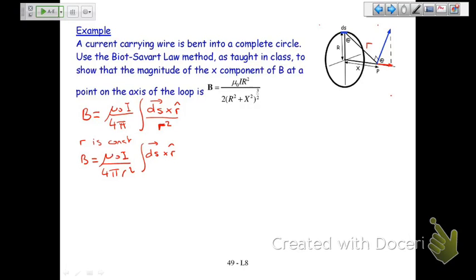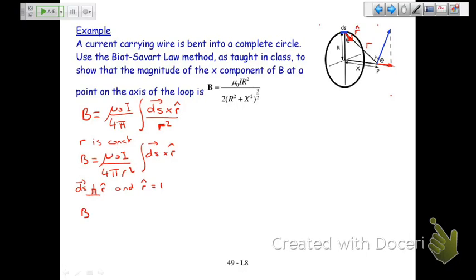And then I say, well, hold on, my ds is still perpendicular to r hat, isn't it? And r hat is still equal to 1, isn't it? So ds is perpendicular to r hat, and r hat is equal to 1.